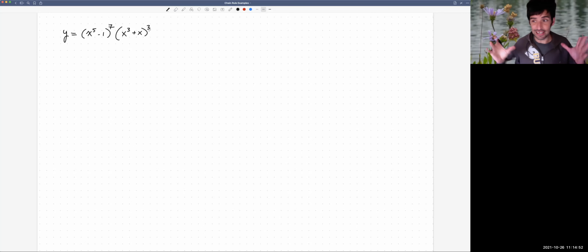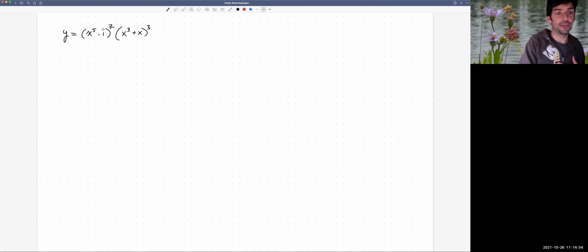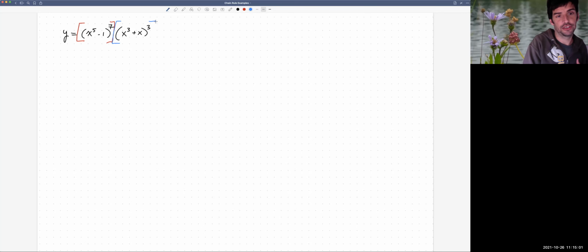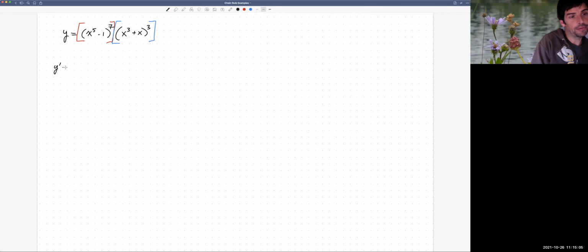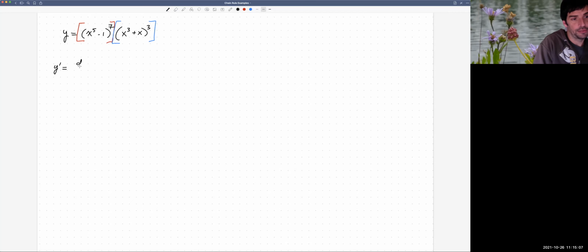I'm going to think of this in a couple different steps. The first step is to notice I can think of this as a function and this as a function. So I have a product rule. So y prime is going to be the derivative of x to the 5th minus 1 to the 7th.